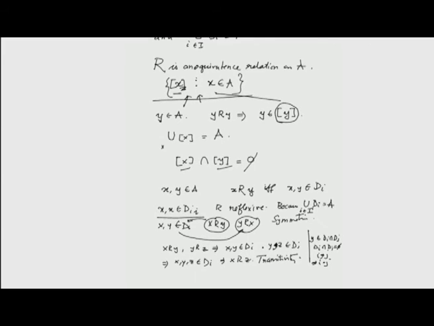This is the property of partition that we are using. Thus, we have given a proof of the fact that if we have a set and an equivalence relation on a set, it will generate a partition on the set, and if we have a partition, then it will generate an equivalence relation.